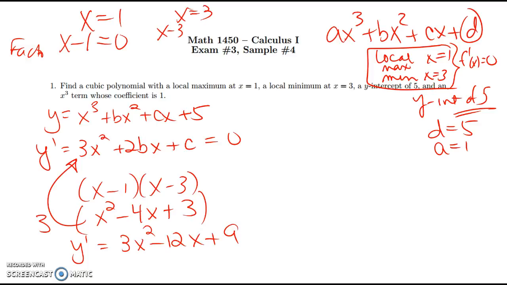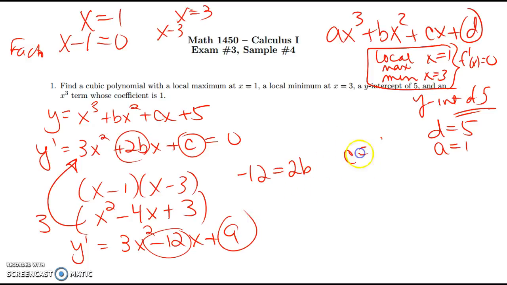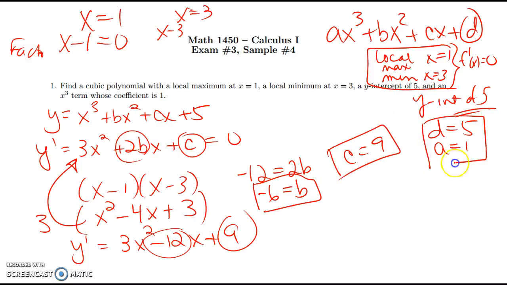That's my first derivative. So guess what? This means that the coefficient in front of the x, negative 12, equals 2b, right? And that c equals 9. So this would be b equals negative 6, c equals 9, and we already knew these others.